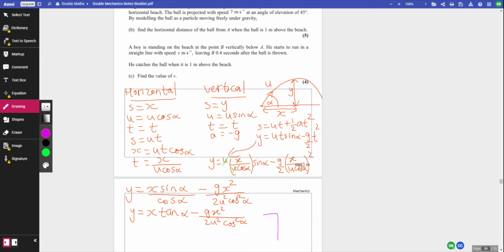So we have a cliff, 8 meters above a horizontal beach, and a ball is thrown off that with a speed of 7 at an angle of elevation of 45 degrees. And we are asked to find the horizontal distance of the ball when it's 1 meter above the beach.